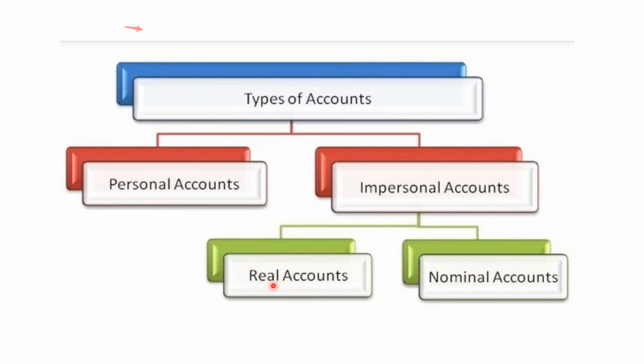You know what real estate is? It is property. Sale of house, sale of land, buying of companies, selling of companies, buying of stock, selling of stock, share market, everything comes under real account. We are going to see that in detail, and what real account and nominal account are.